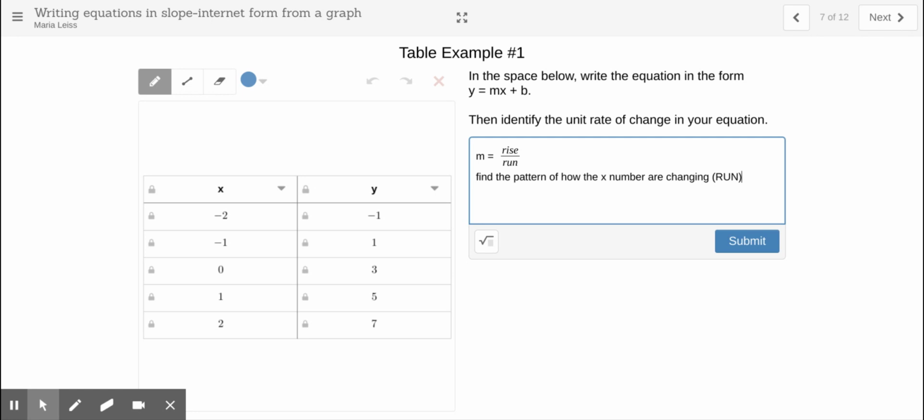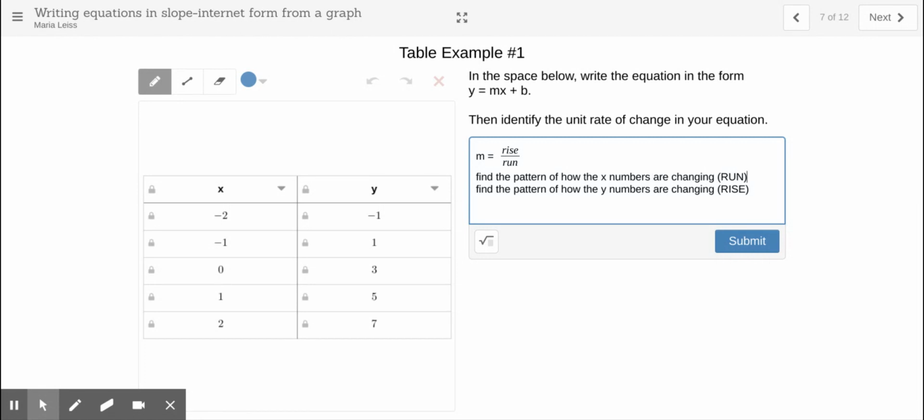This is your run because the x-axis moves left to right. Next, you're going to find the pattern of how the y numbers change, and that's your rise. I should probably make that number up there plural. Sorry, that's why I teach math.